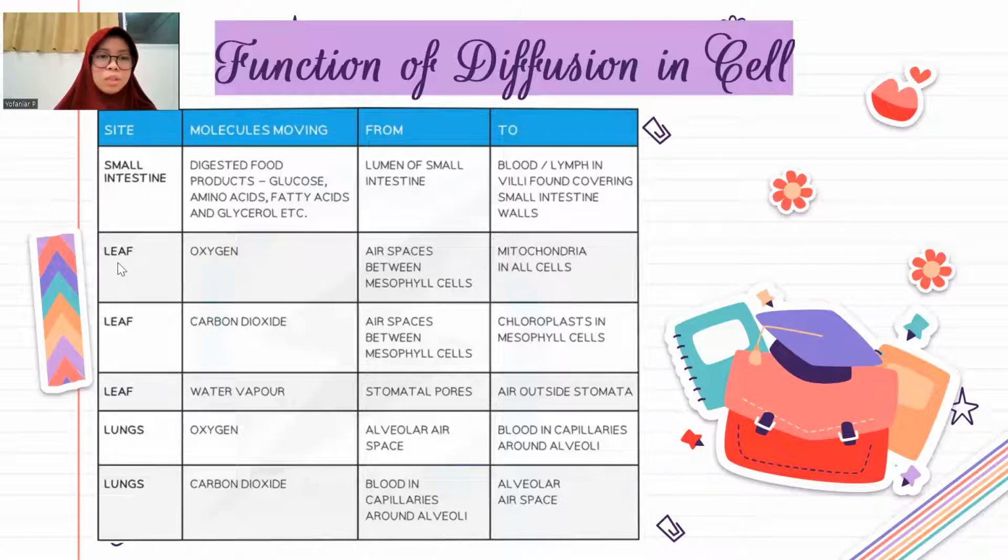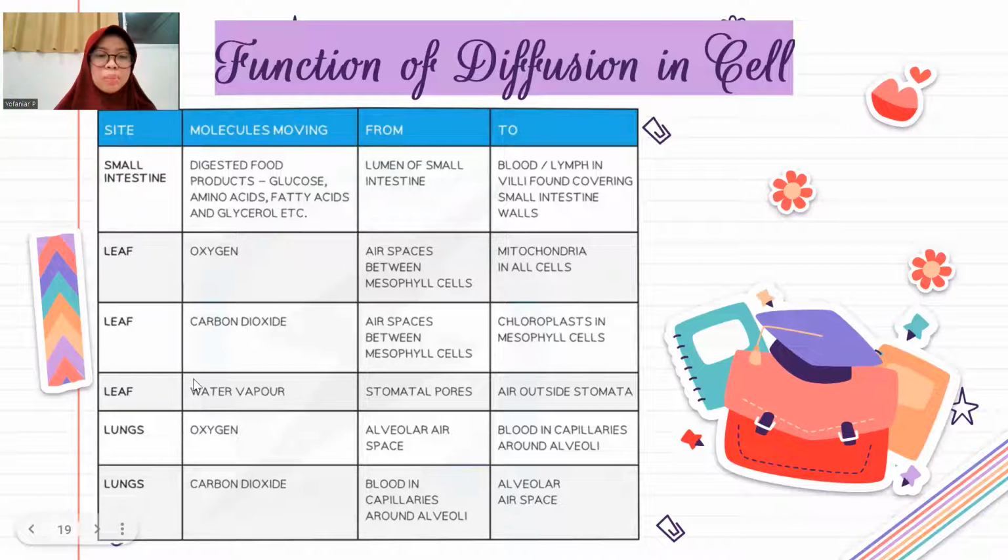Okay, for this one we already discussed it. For this one we already discussed it. Leaf, water vapor, uap air. Yeah, this is through the stomatal pores. This is the outside of the stomata. Because the stomatal pores contain more water vapor. Be careful with this one.